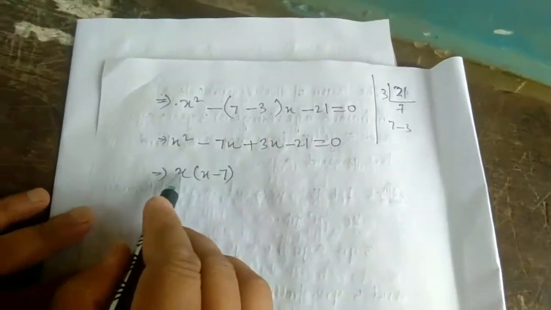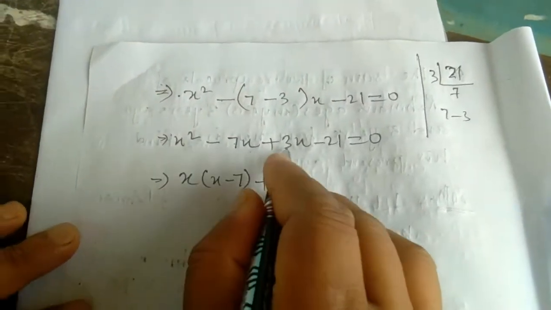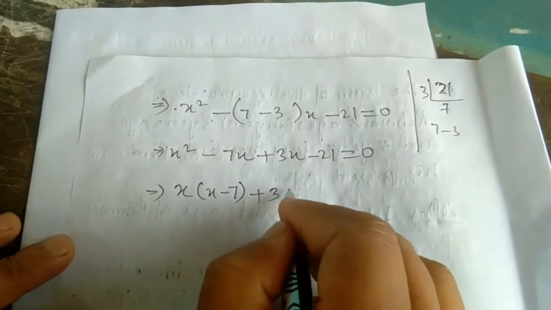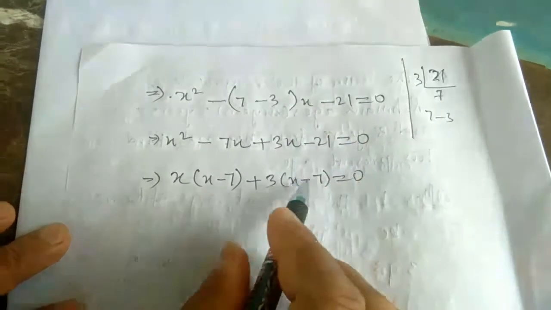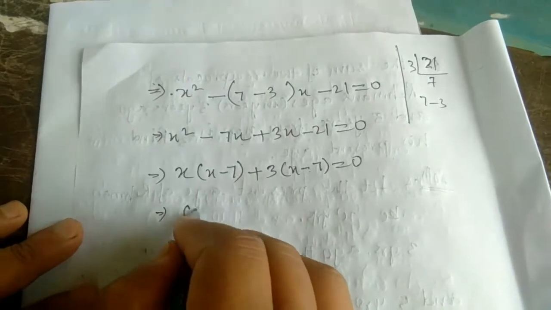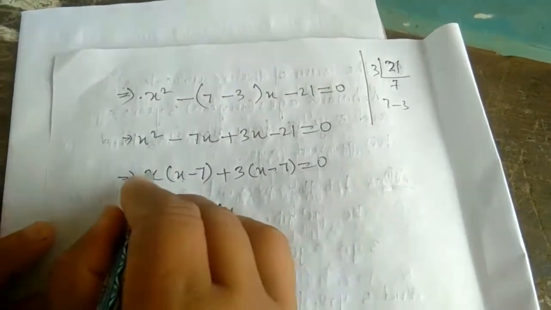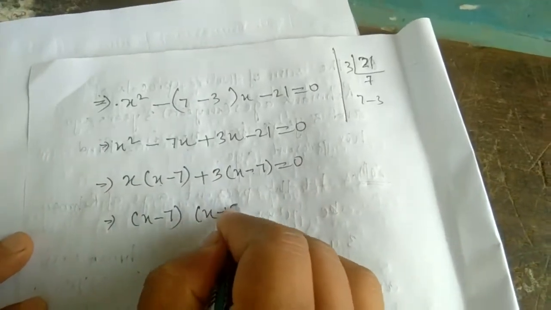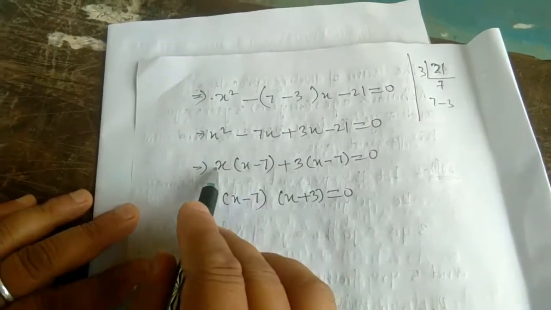From the last two terms, take 3 common, and you write x minus 7 equal to 0. The inside must be the same. Make groups: the inside one group, the outside one group, equal to 0.